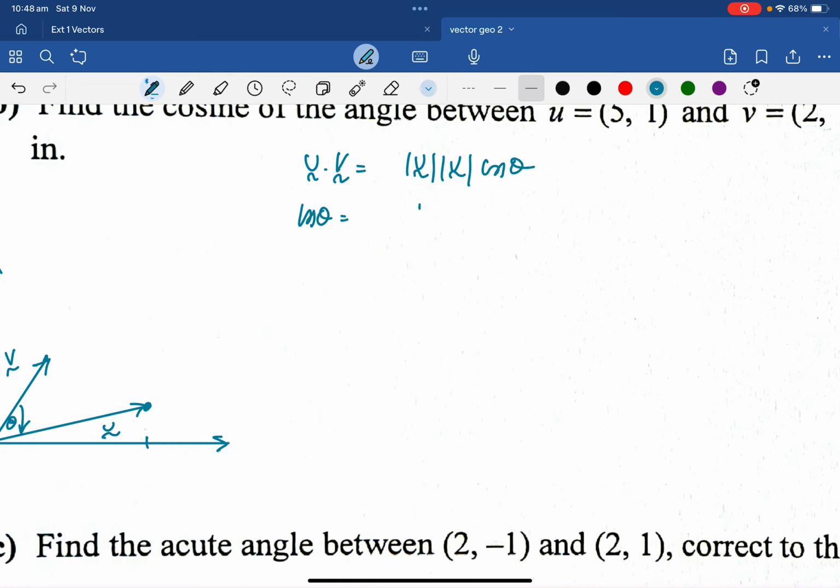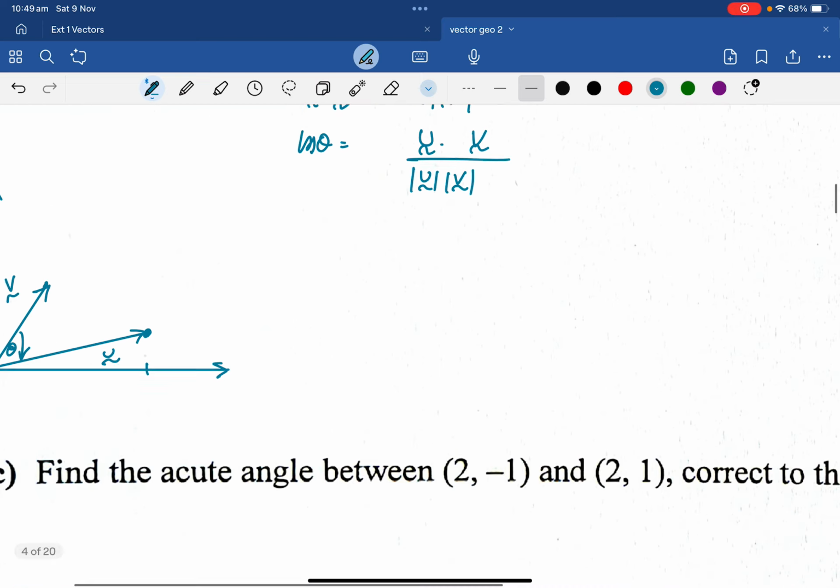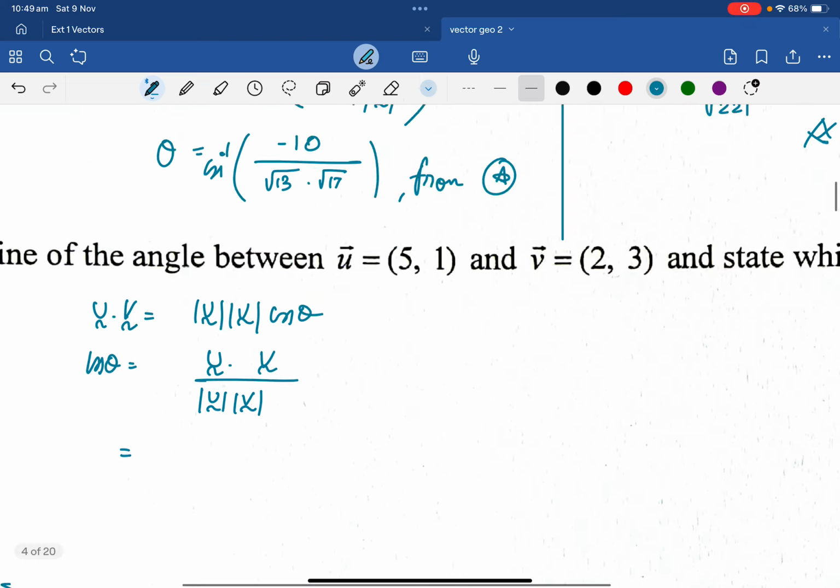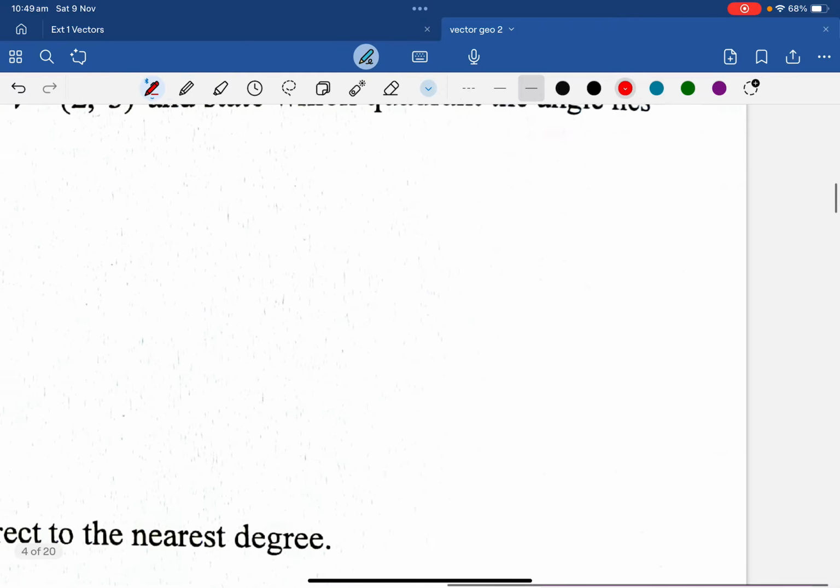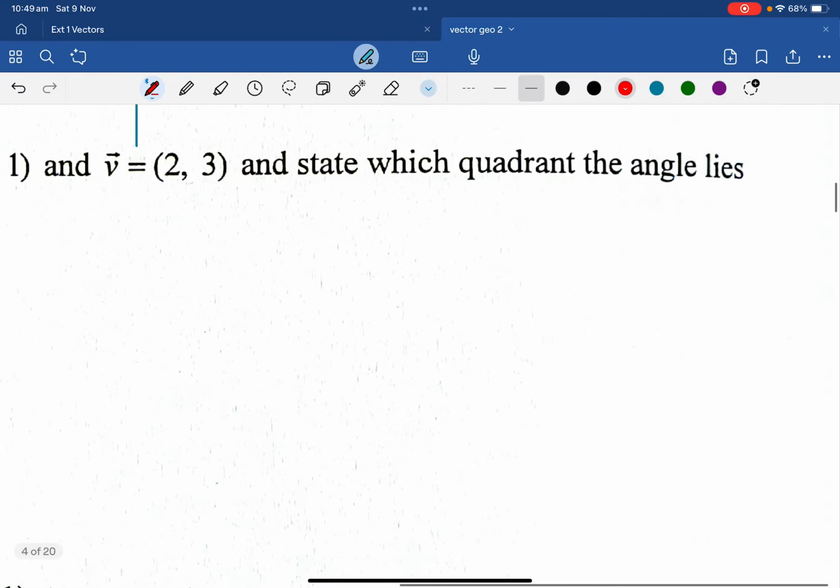So cos theta is equal to u dot vector v over magnitude of u, magnitude of v, which is equal to, well, we're going to sub in the numbers, so let's go and do our starting here. Vector u times vector v, what's this equal to?